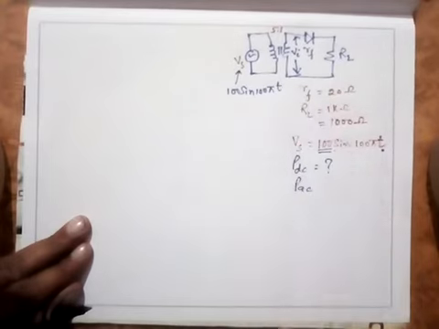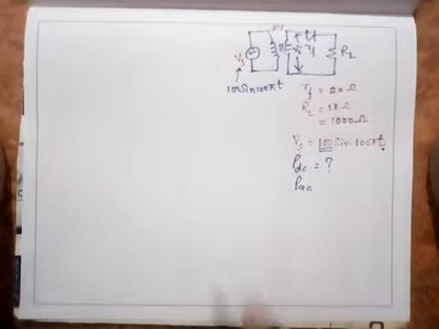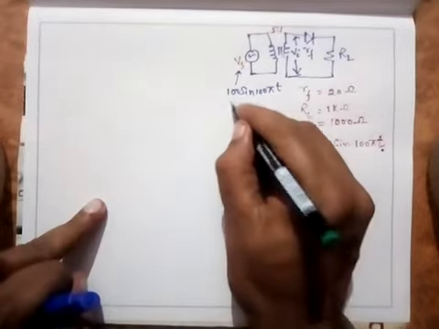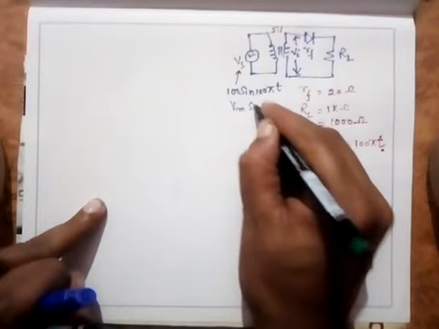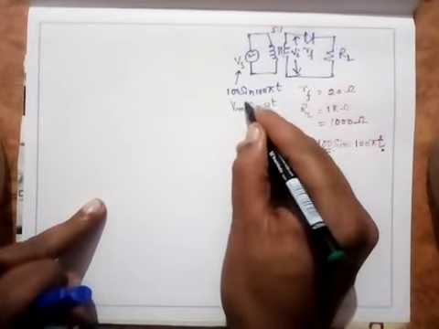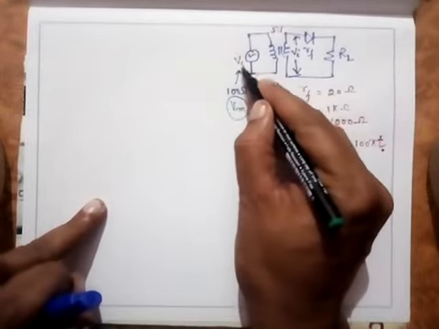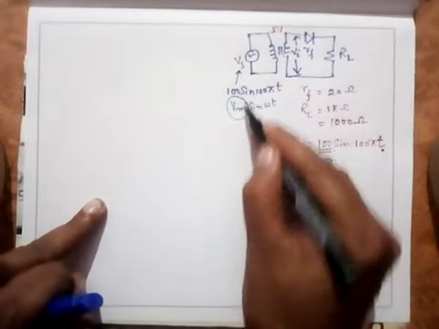This is the value of Vs given to you. If I compare this with Vm sine omega t, for this particular signal, the maximum value of this Vs is 100.